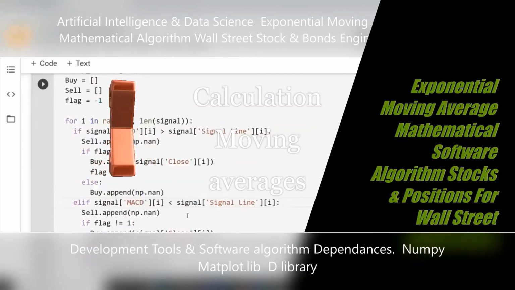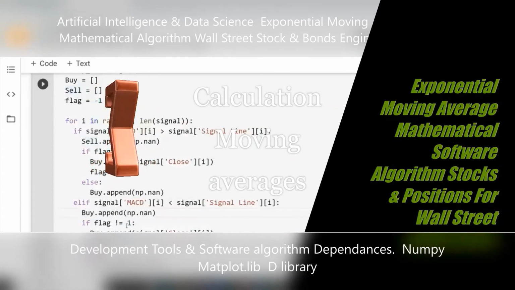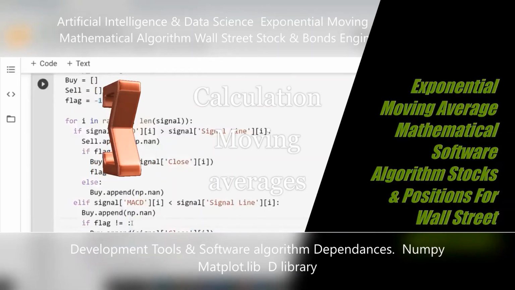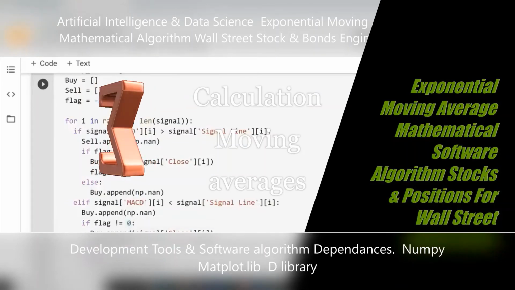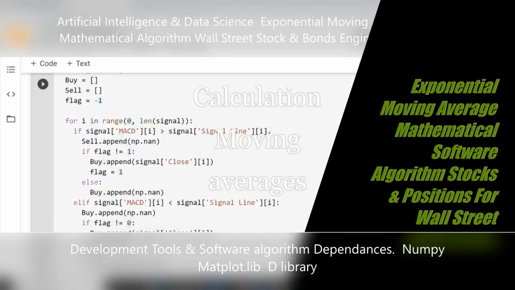So, therefore, next you must calculate the multiplier for smoothing, that is, weighting the EMA, which typically follows the formula 2 divided by the number of observations plus 1. For a 20-day moving average, the multiplier would be 2 over 20 plus 1.